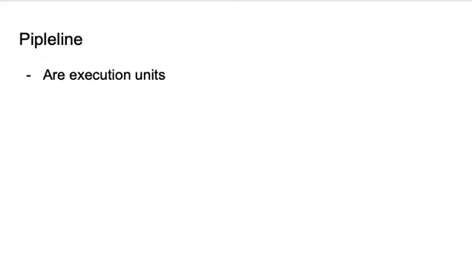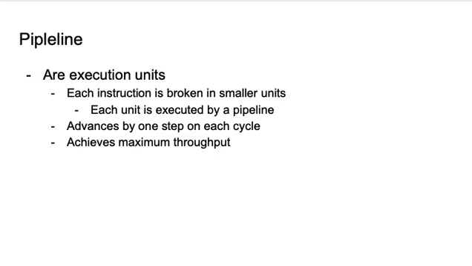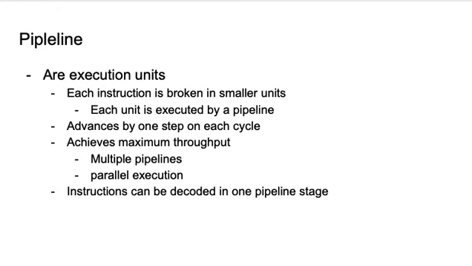The next design rule is for the pipelines. Processor pipelines are execution units, and these execution units execute the instructions which are broken down into smaller units. A unit of an instruction is executed by a pipeline.